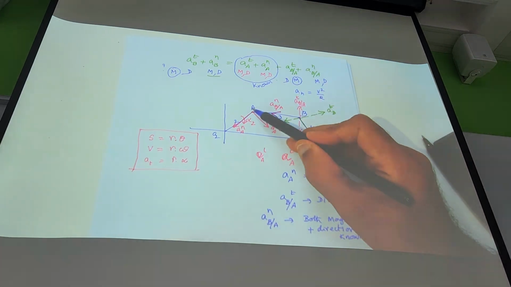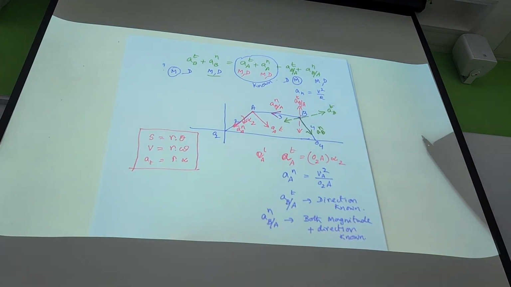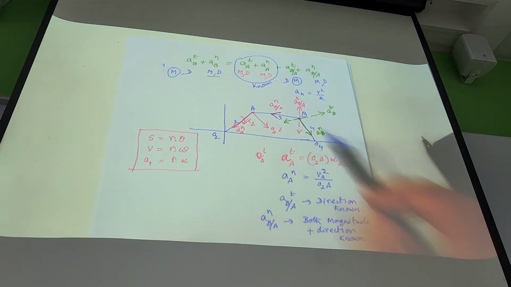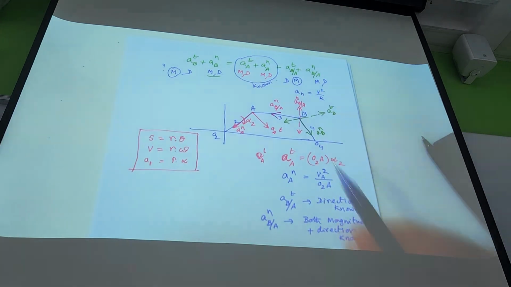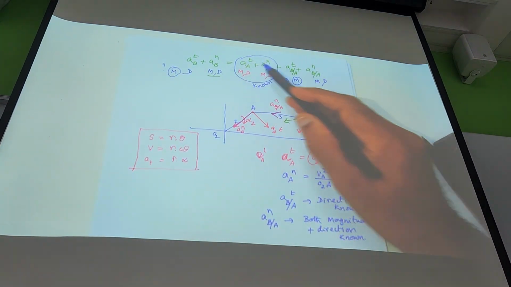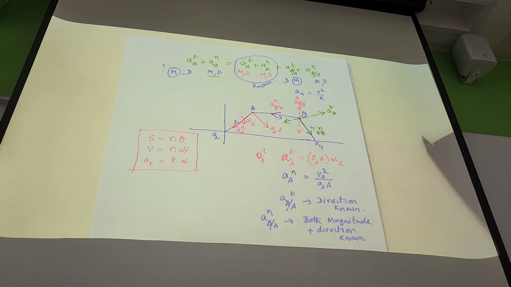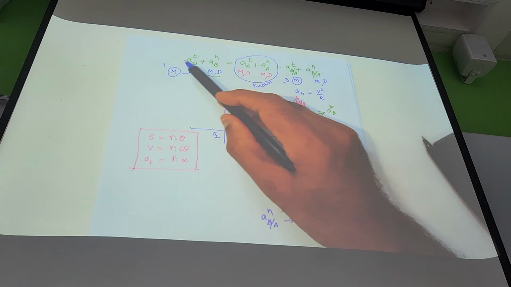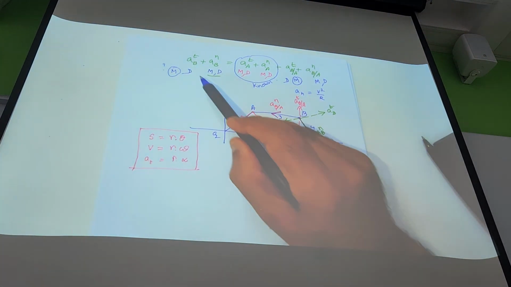For point A, we know both direction and magnitude for the tangential component and also the normal component, so we have complete information. For point B, normal, we have complete information.